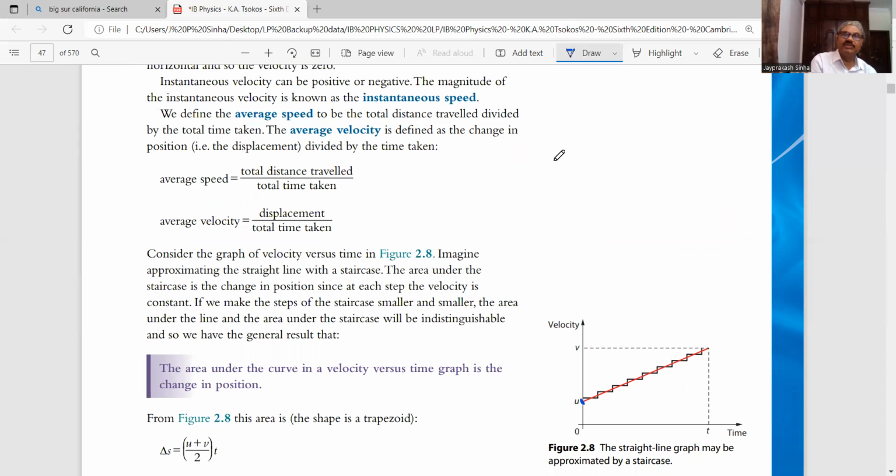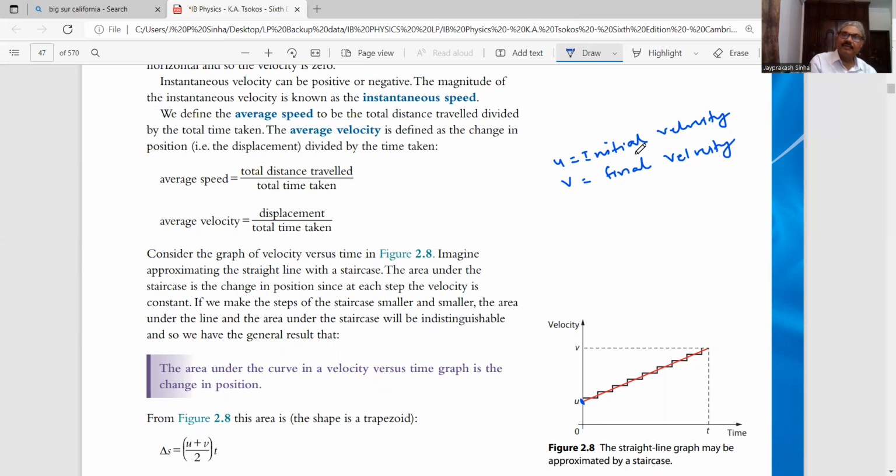So u is equal to initial velocity and v is equal to final velocity. Correct?